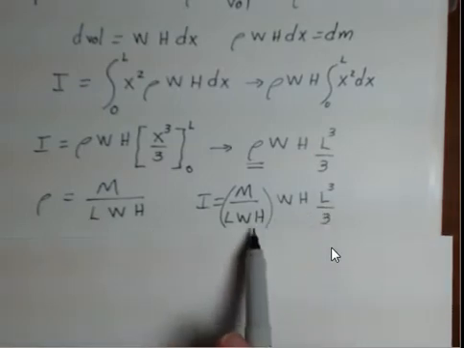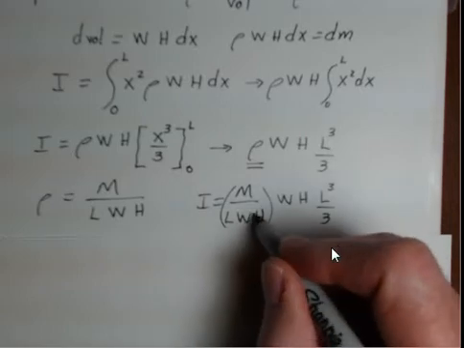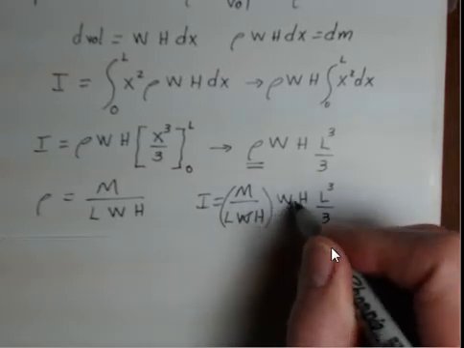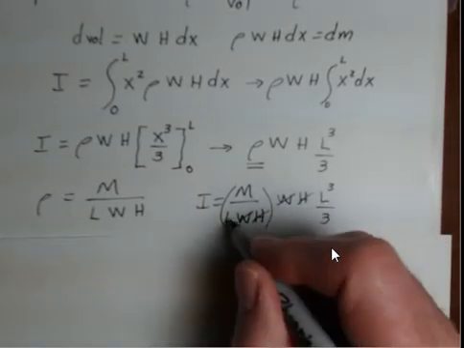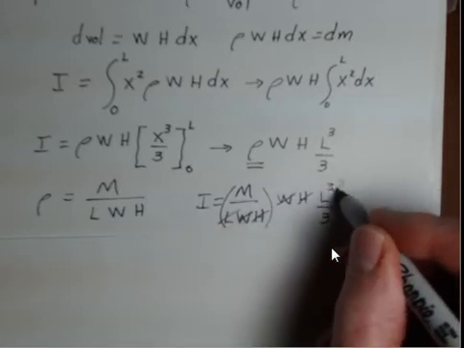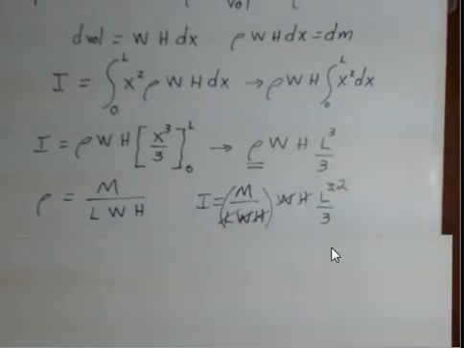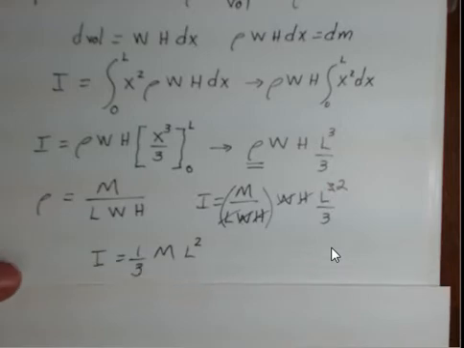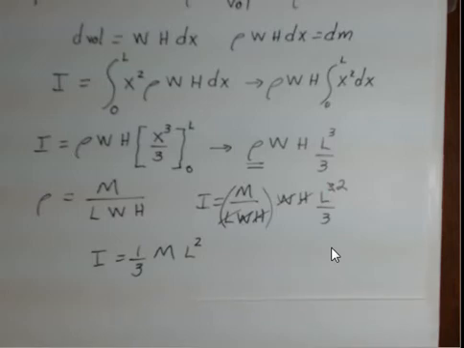And now you can see we get some cancellations. The w's cancel, the h cancels, and one factor of the L cancels, and we come up with 1/3 m L squared.